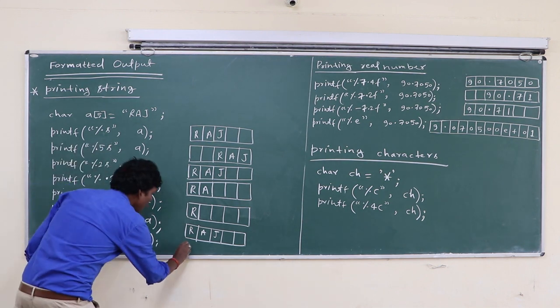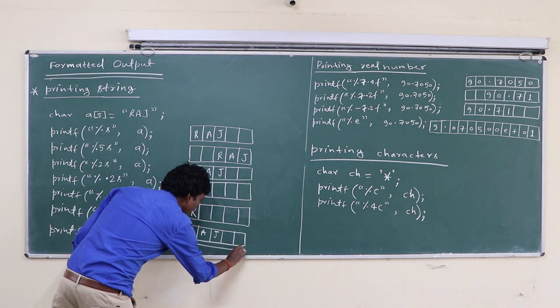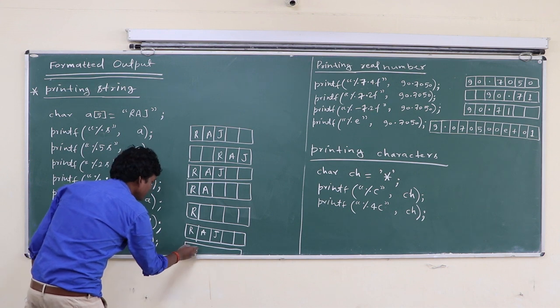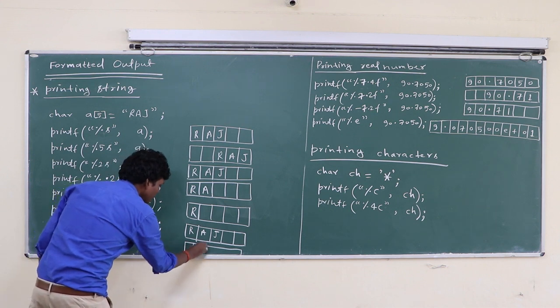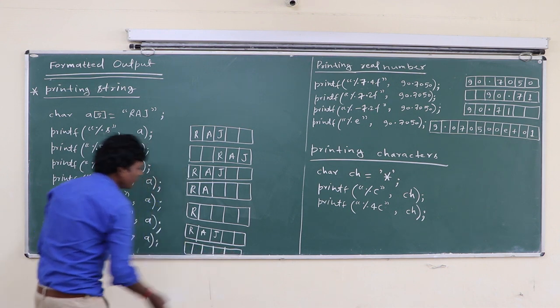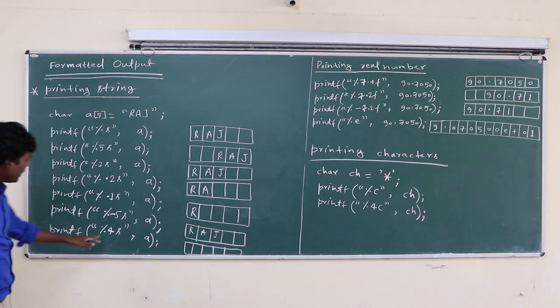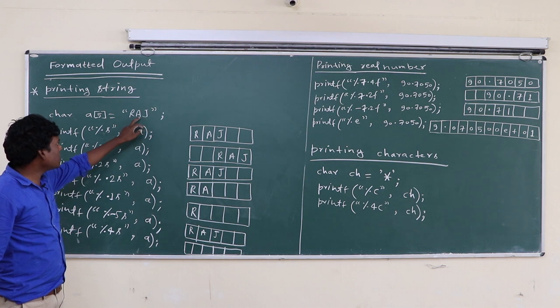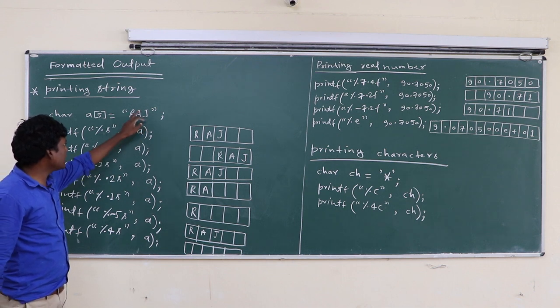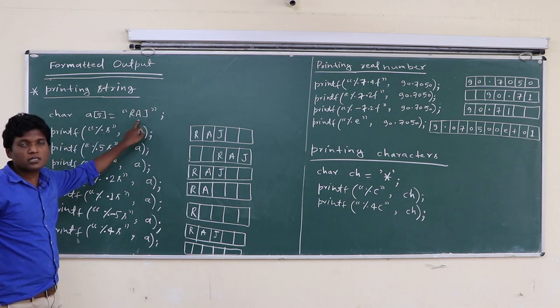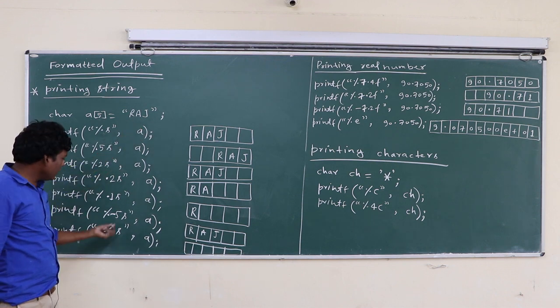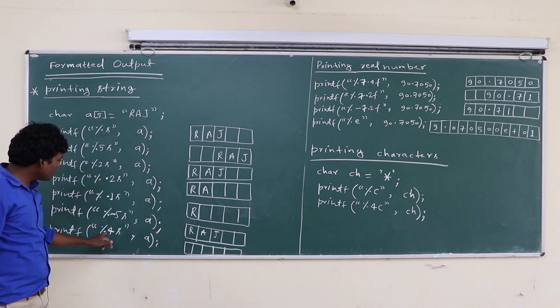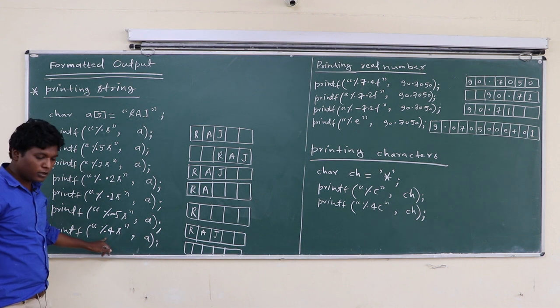Suppose B takes 4. Now what will happen? This has 5 blocks, class: 1, 2, 3, 4, 5. There are 5 blocks, and here is a 4. 4 is greater than the number of characters in Raj. So B can justify. It will be right justified because here is a positive sign by default.